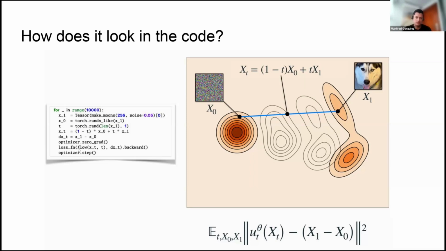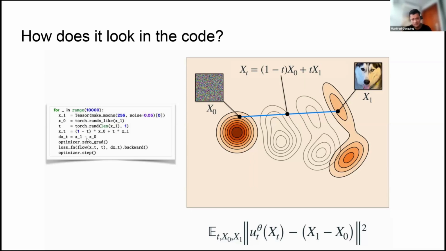Once you regress the velocity, you can see here in loss_fn_flow, this xt is the intermediate image that they are trying to regress the velocity for, and the theoretical or the ground truth here, right, is just the distance between x1 and x0, right? The target image and the Gaussian noise.